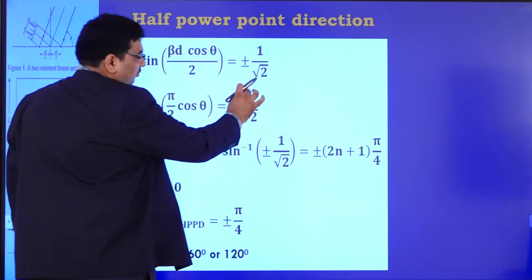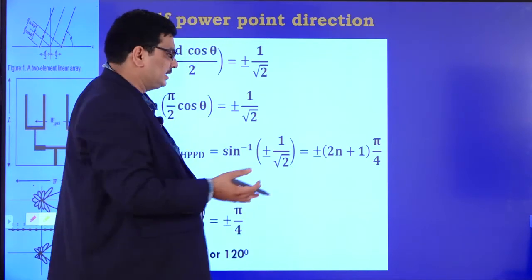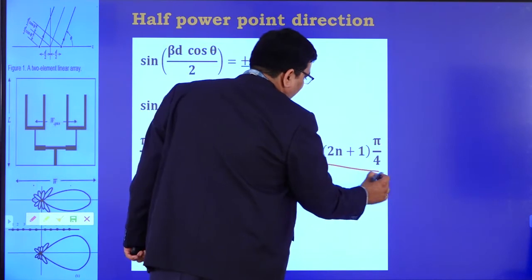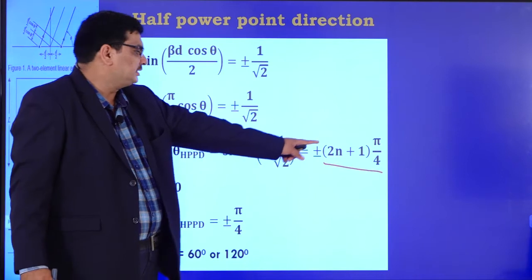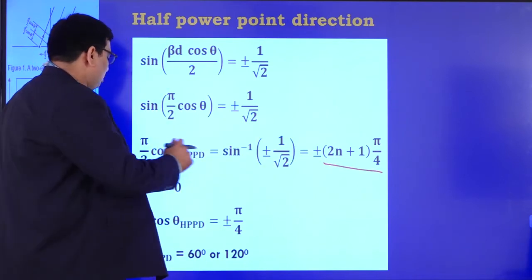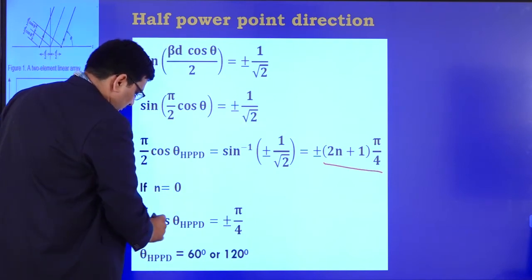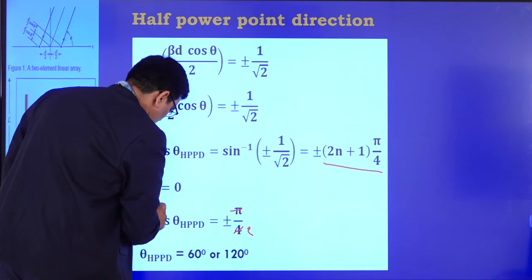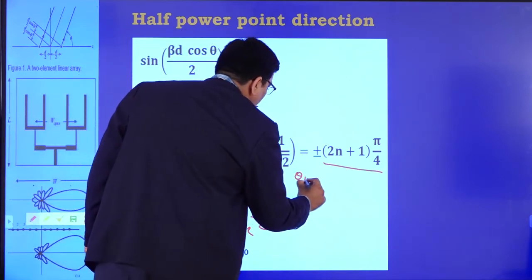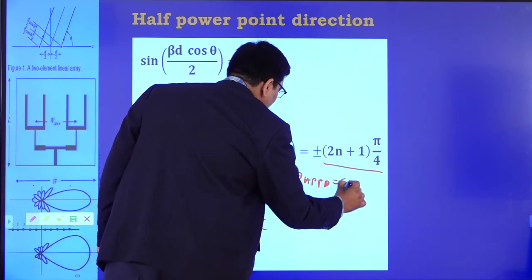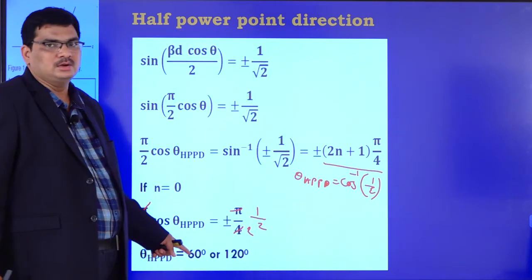Sin inverse of plus or minus 1/√2 is 45 degrees or 135 degrees, so this equals plus or minus (2n+1)π/4. If we substitute n equal to 0, this becomes π/4. So π gets cancelled and 2 gets cancelled, and it becomes 1/2. So θ HPPD is equal to cos inverse of 1/2, that is at 60 degrees and 120 degrees.